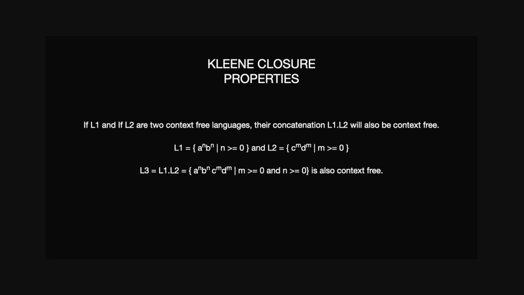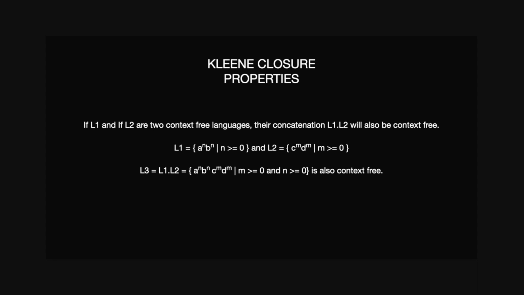Concatenation closure property. As in the previous property, let's consider two languages, L1 and L2. What we're trying to prove here is that L1 concatenated with L2 is also context-free.